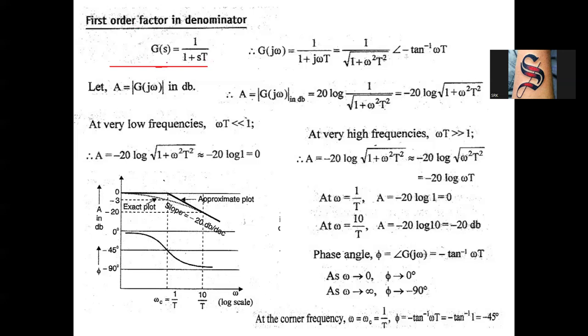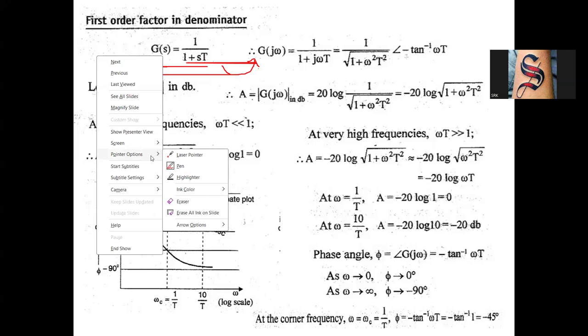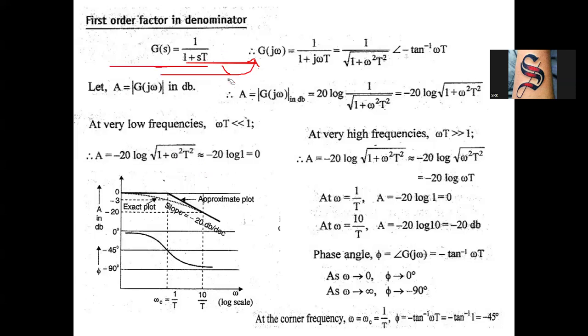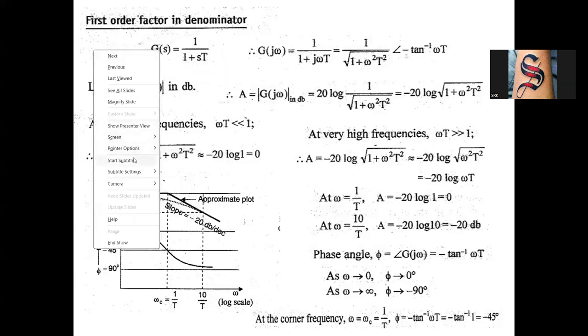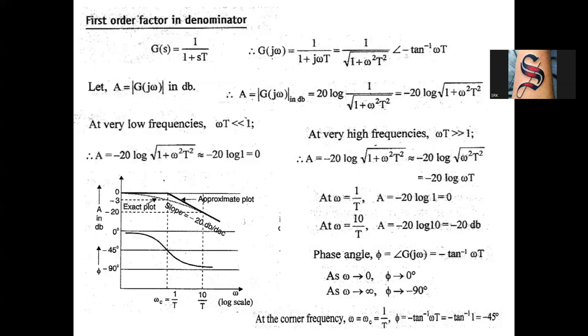So first, what is the basic step? We need to convert the s domain transfer function to the frequency function. How to get it? Just by letting s equal to j omega, so that we can write G of j omega equal to 1 by 1 plus j omega T. What is the magnitude of this term? 1 by square root of 1 plus omega squared T squared.